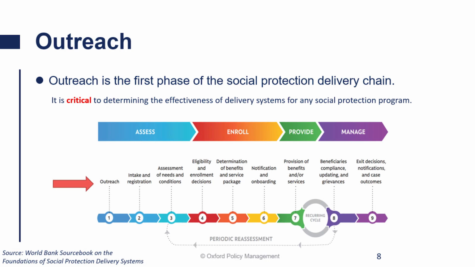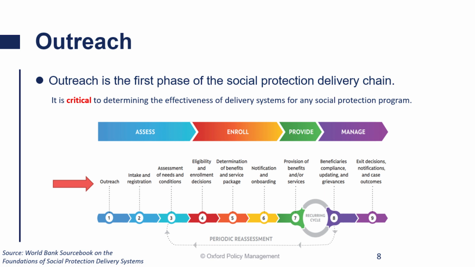So, outreach is the first phase of the social protection delivery chain, and it is critical to determining the effectiveness of delivery systems for any social protection programs. If you can see the figure that is given here, it shows the social protection delivery chain and the four essential pillars: access, enrollment, provision, and management.